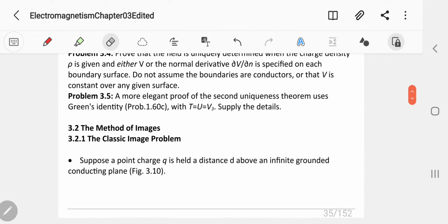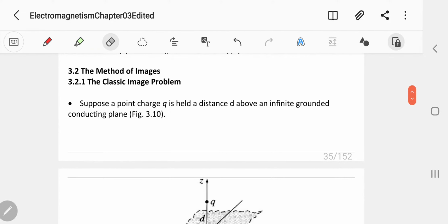And we start with methods of images. As you know, if you have a charge that is near a conducting plane, the conducting plane will produce or induce some charges on its surface to counter that charge.